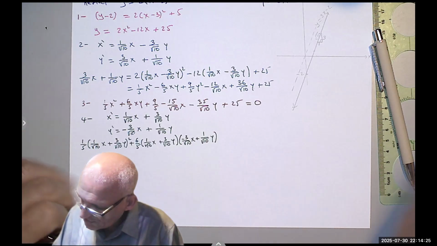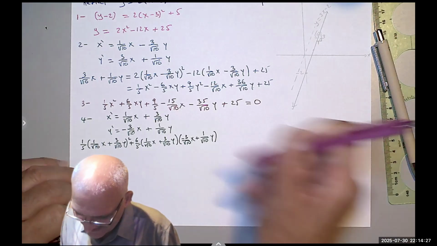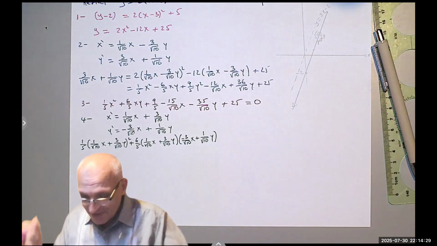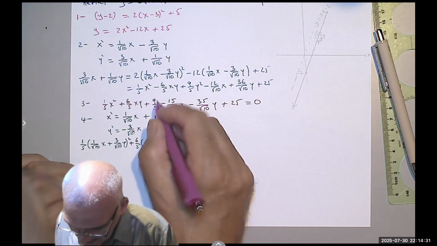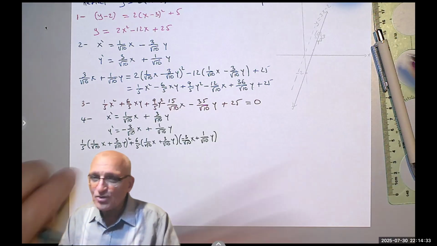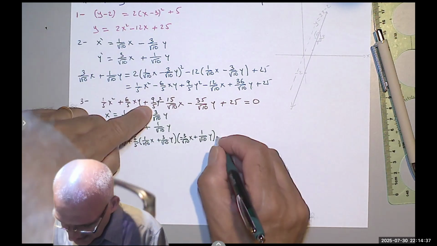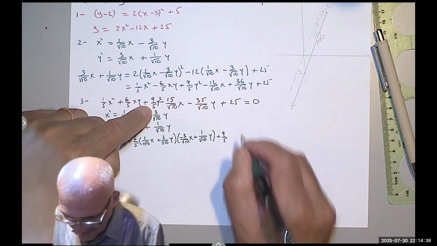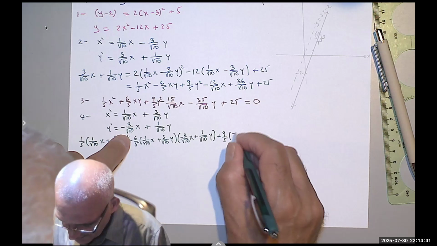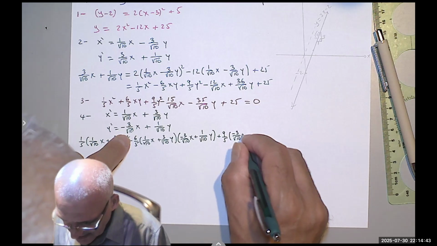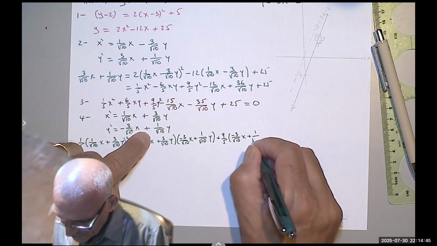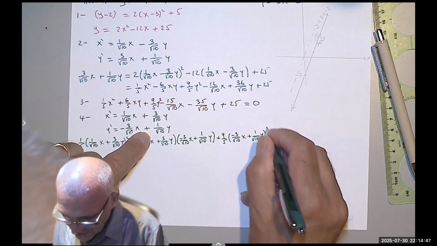Oh, I'm sorry, I forgot to write y squared here. I know some of you were screaming, where is the y squared? But I'm an old man, so I couldn't hear you. I'm sorry. And then I have plus 9/5, and then the y squared becomes (negative 3 over root 10 x plus 1 over root 10 y) quantity squared.